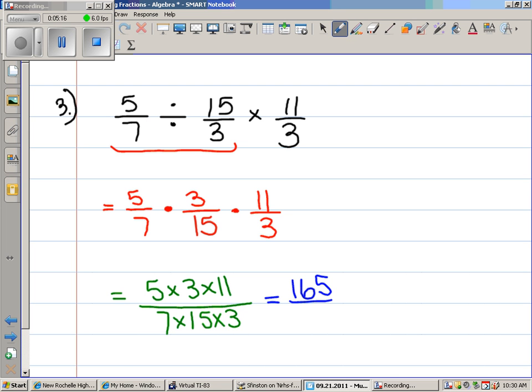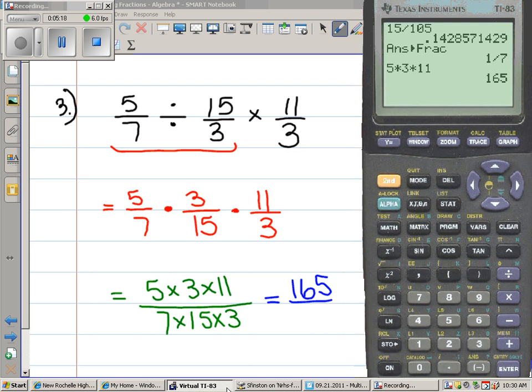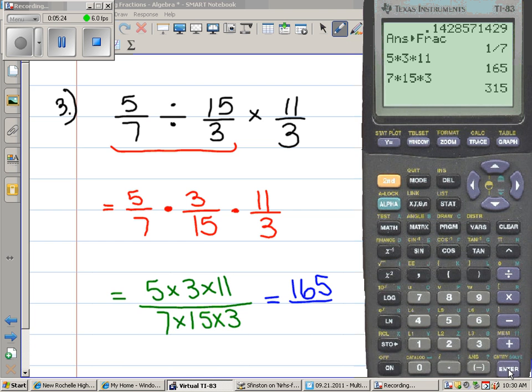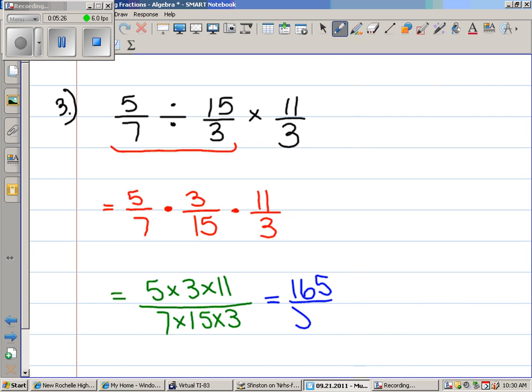Let's do this. 7 times 15 times 3 is 315. Now, who could reduce that in their head? Who's feeling real lazy and wants to do it in a calculator? Jess? 5 goes into both of them, but what's the final fraction?